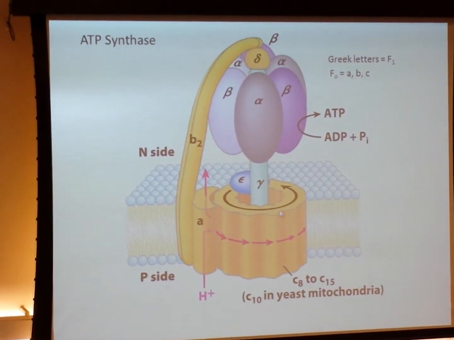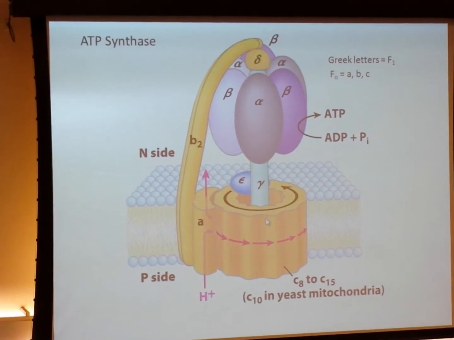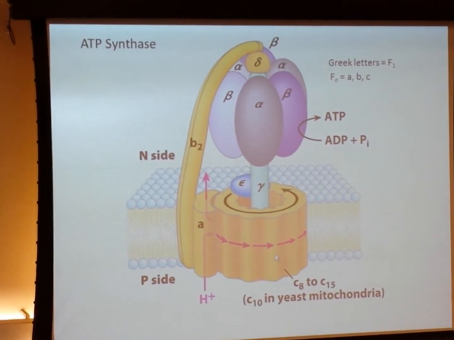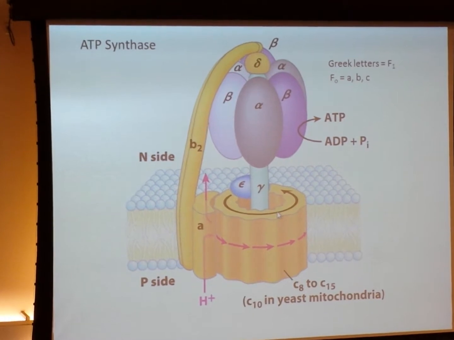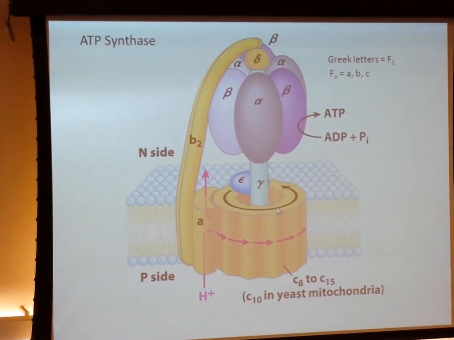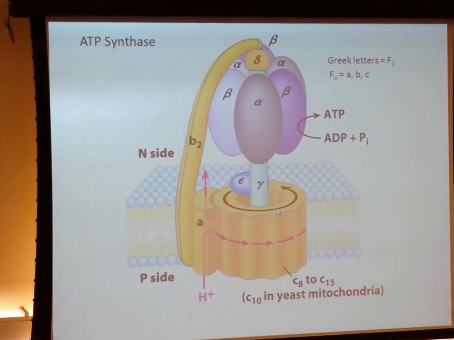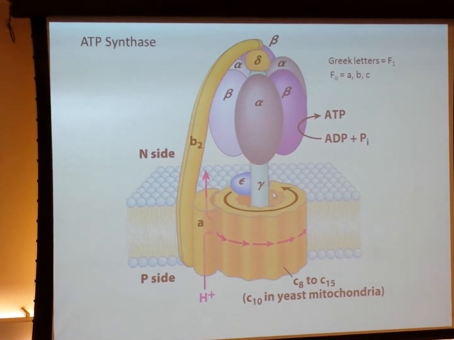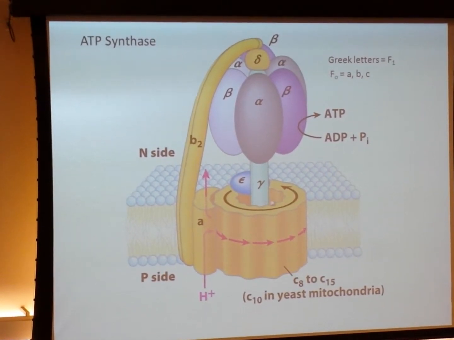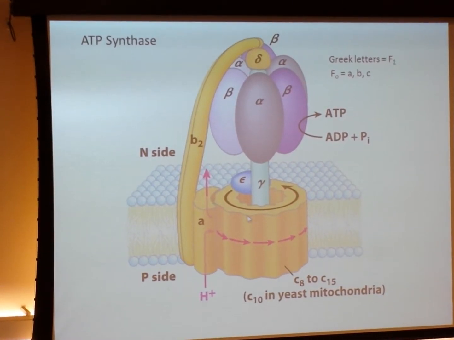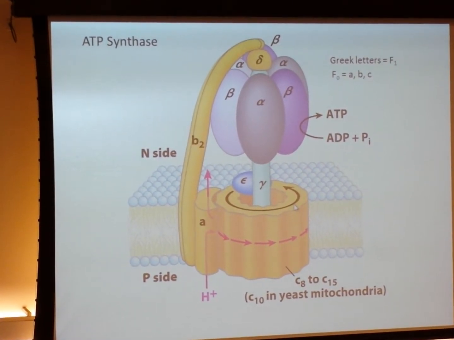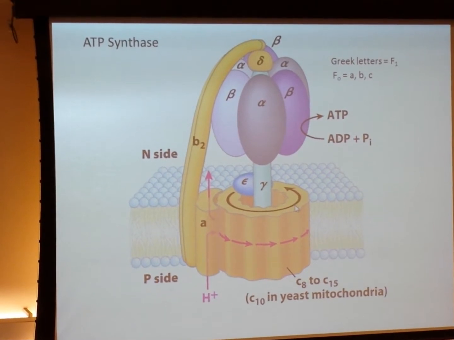So right here is one subunit that comes all the way down to here. And then there's 10 of these in a row, identical. And in the center here, we think this open area is filled with lipids, which is embedded in the membrane. And so these 10 guys are turning around like this.